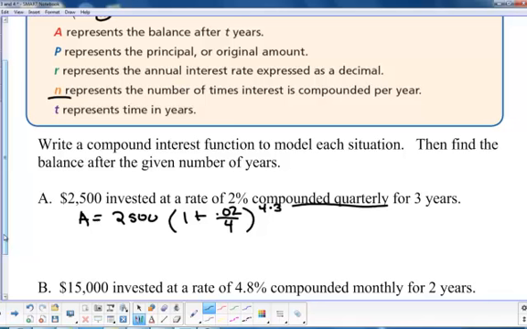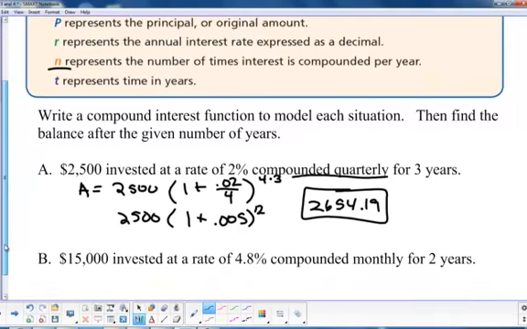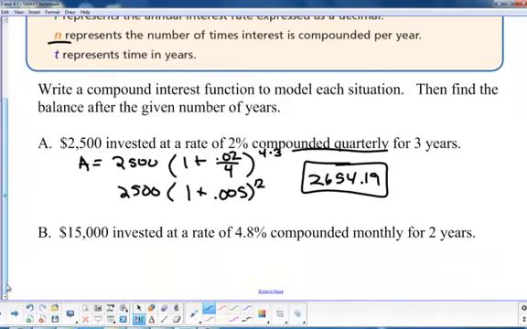So if you put that in the calculator, you'd be putting in 1 plus 0.005 to the 12th. All right.